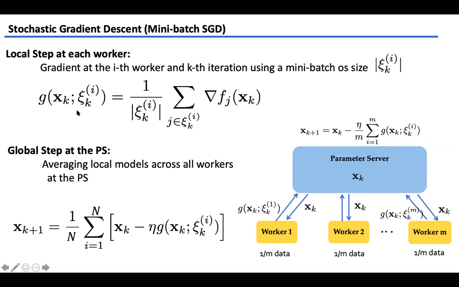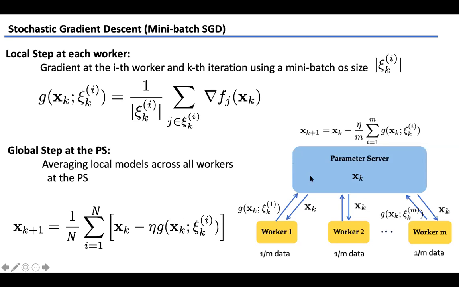It randomly picks one mini batch, for example, here the mini batch zeta at iteration k is picked by worker i. It randomly picks a small mini batch, and then it will compute the gradient with respect to every sample in that batch, and then will average those gradients to come up with the stochastic gradient. And that stochastic gradient will be used as an unbiased estimate of the gradient of the function at iteration k.